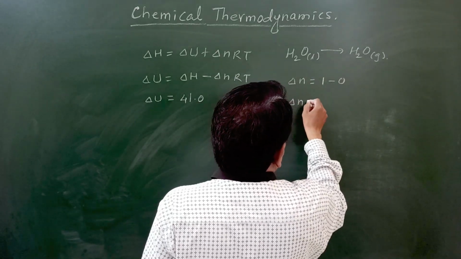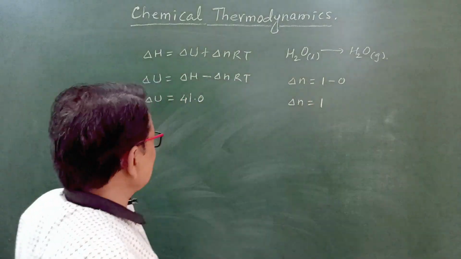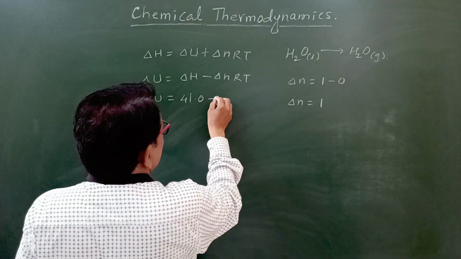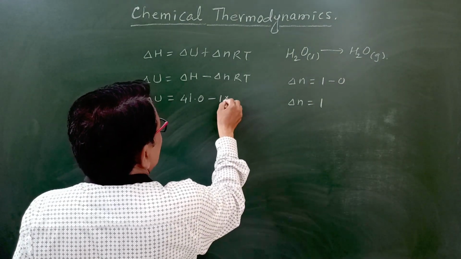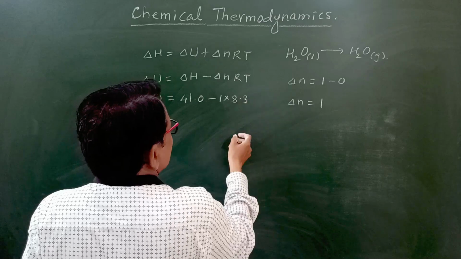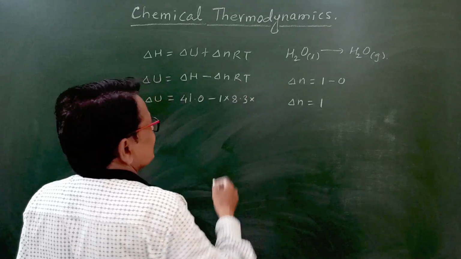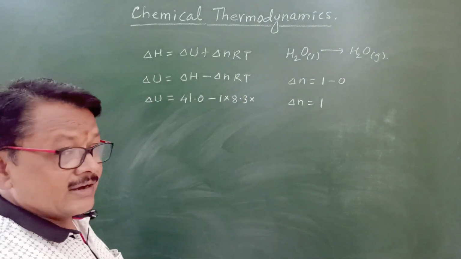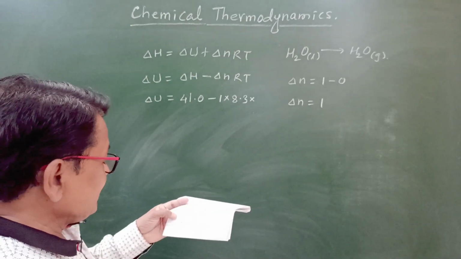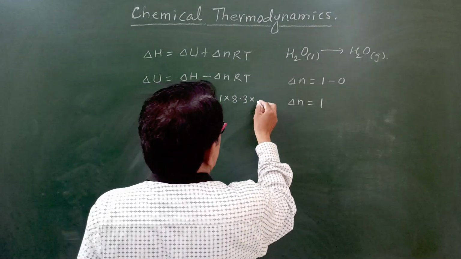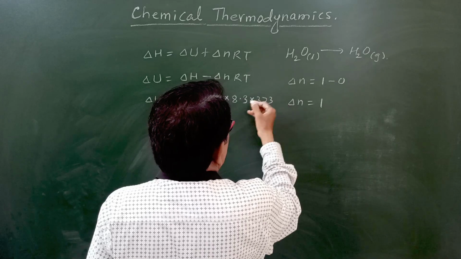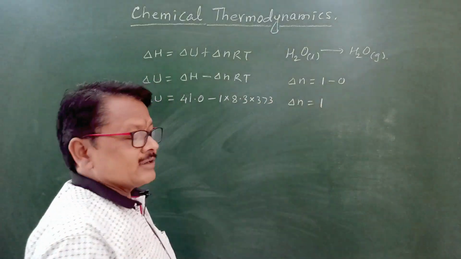Here delta n is equal to 1 only. So you have to keep here value of delta n 1, R as 8.3. It is given temperature, so that is at 100 degrees Celsius, means in Kelvin it should be 373 Kelvin.